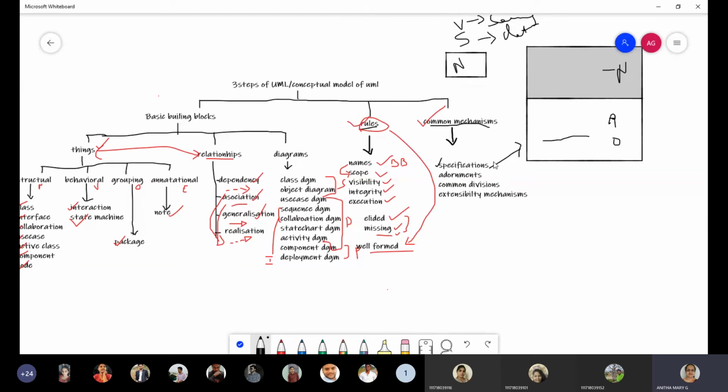And then the next one we talk about is adornments. So what is an adornment? This is nothing but something in addition to.